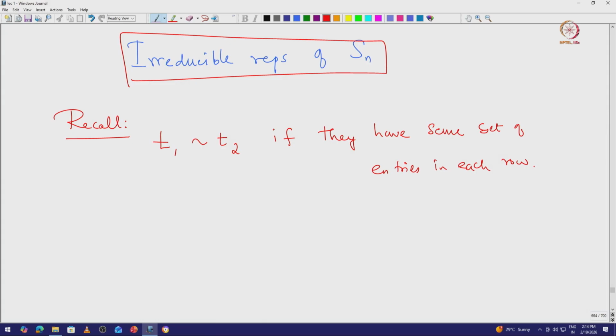This relation gives some equivalence classes of lambda tableaus. Those equivalence classes are called lambda tabloids. So, a lambda tabloid is nothing but a tilde equivalence class of a lambda tableau.